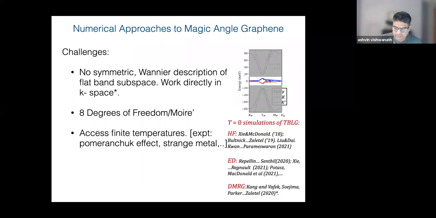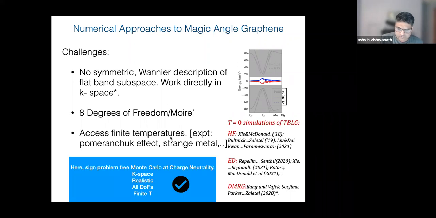Of course, there are many numerical approaches already out there, but we felt it would be very nice if we could do determinantal quantum Monte Carlo. This is an approach where you can simulate hundreds of electrons if you like, but there's one big caveat. You need to make sure the system does not have the fermion sign problem. And if you can ensure that, you can do all of these things that I mentioned within this particular approach.